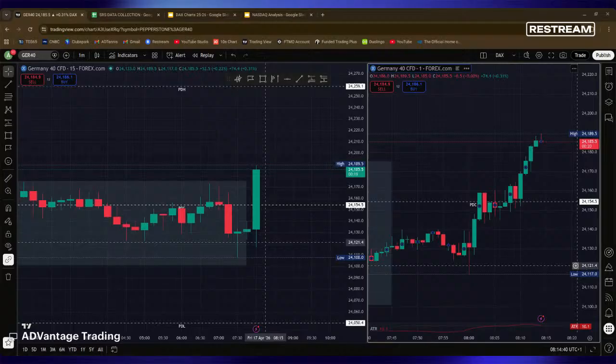So the first 15-minute bar is about to close, and it's going to close right near or at its highs, which is very, very bullish, and it's going to be closing above the overnight range.